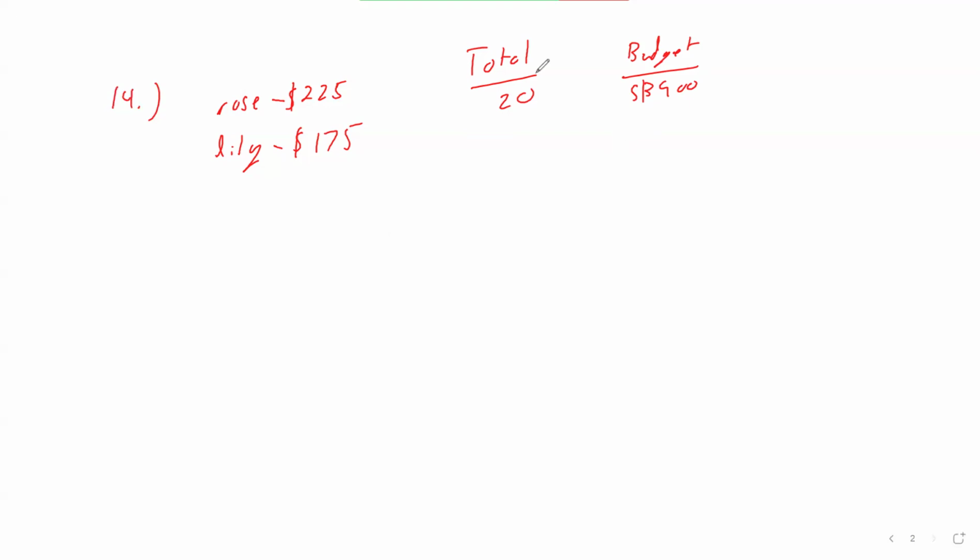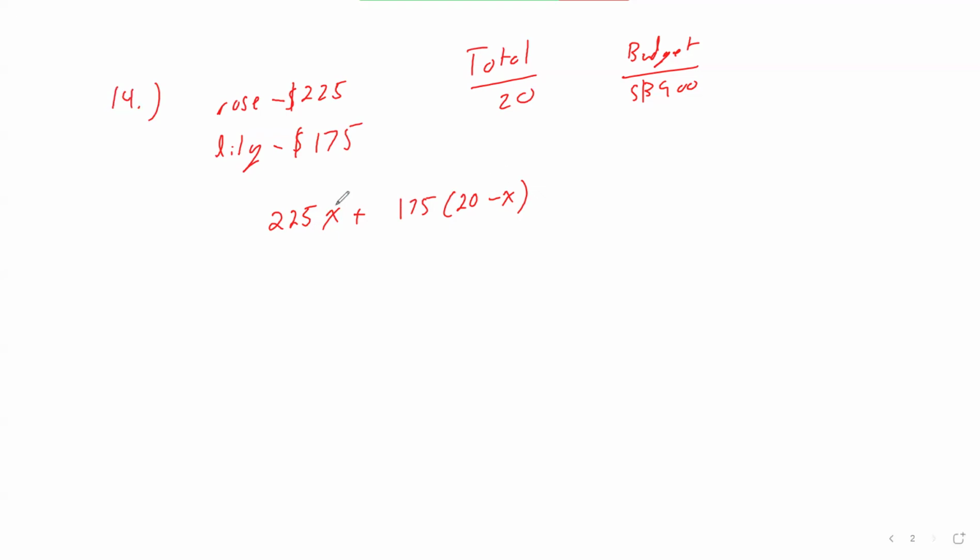So we can buy 20. The roses cost $225. I don't know how many roses I can buy, so when I don't know something, I would do 225 times X. After that, I would add lilies, which will be 175. But if I don't know how many roses, I take away from my total of 20, so that would be 20 minus X. So I have 225 times X, and then 175 times however much I have left for my lilies.